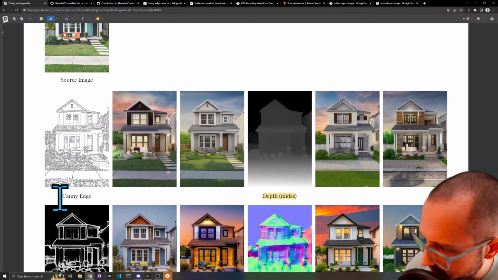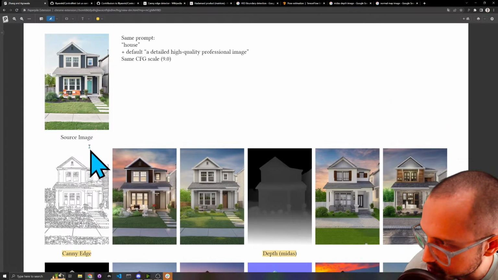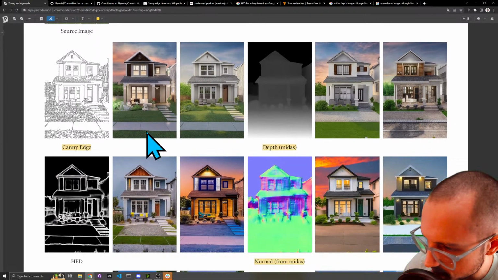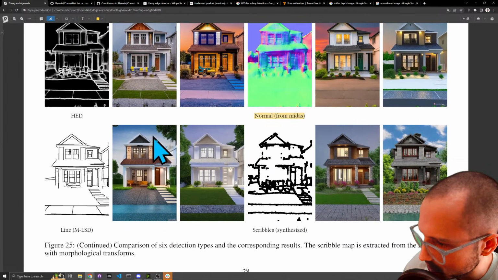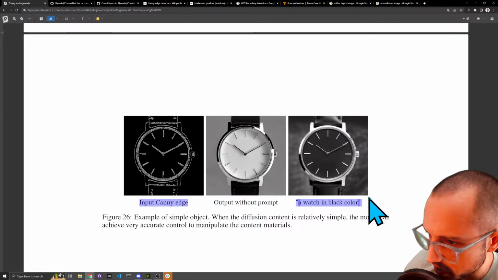Versus I feel like something like a Canny Edge, it does not introduce noise or as much noise, right? Because it's not like a learned algorithm. All the information that the Canny Edge is showing you is basically just a property of the actual source image. Clean.